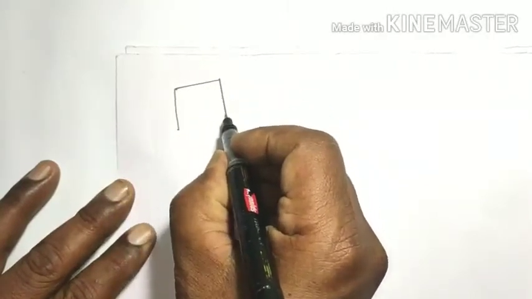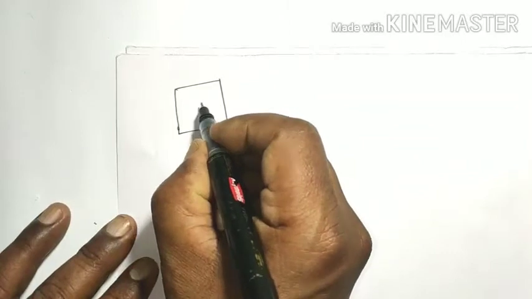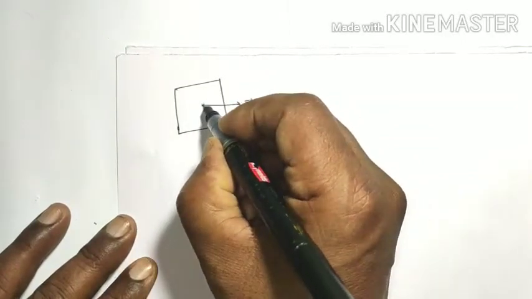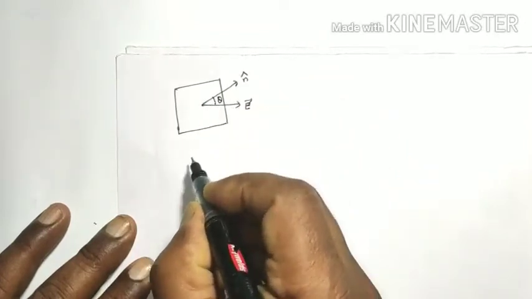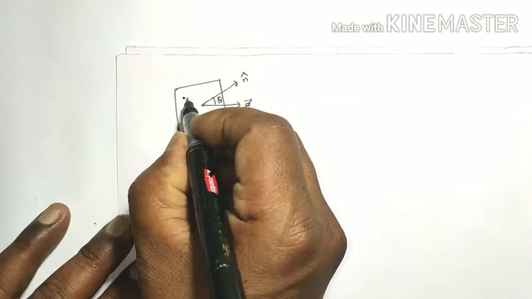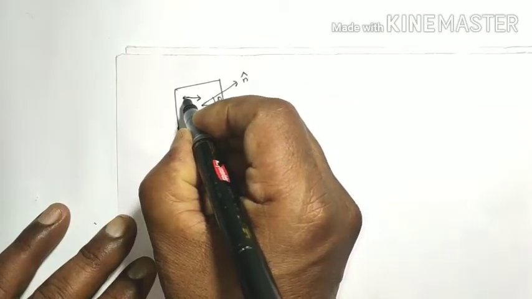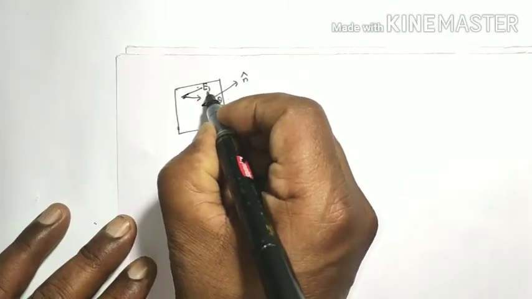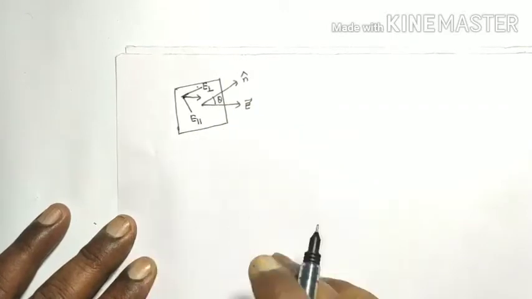This is the planar elementary surface. Suppose this is a point, electric field exists at this point is suppose E, and it is the normal unit vector n cap, and this angle is theta. So now this is the direction of electric field, and this component is E normal and this component is E parallel.